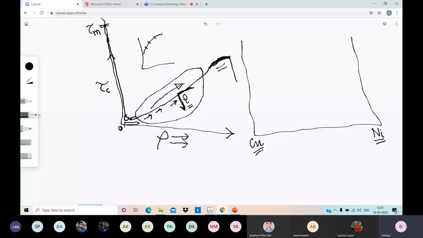Heat treatment. Very good. Recrystallization. Very good. Recovery. During deformation, suppose I apply some amount of deformation up to here, and your critical resolved shear stress is continuously increasing.